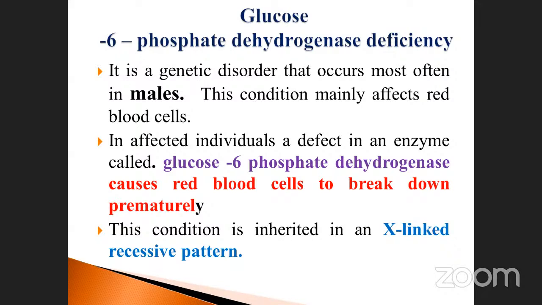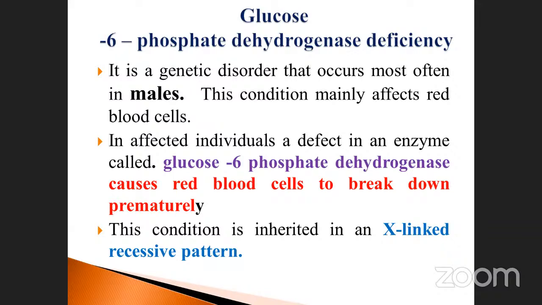So when glucose is converted into pyruvic acid, how many changes occur during the conversion? There are 10 steps in glycolysis.